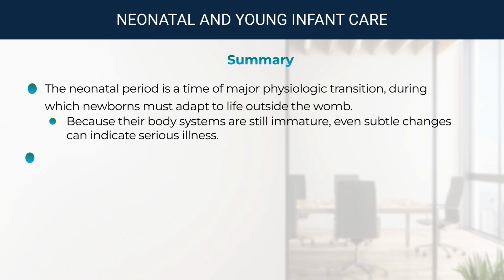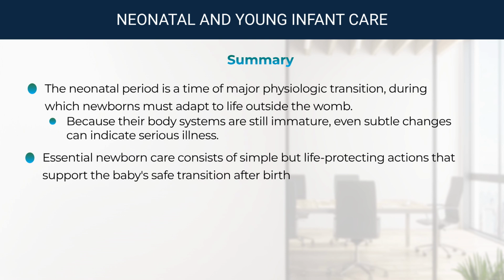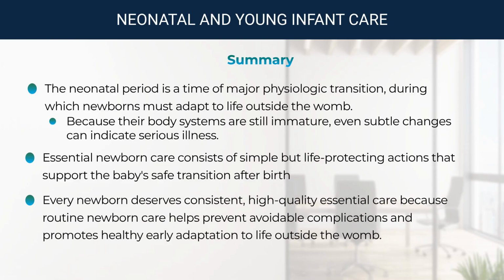Next, we discussed that essential newborn care consists of simple but life-protecting actions that support the baby's safe transition after birth. Finally, we emphasized that every newborn deserves consistent, high-quality essential care because routine newborn care helps prevent avoidable complications and promotes healthy early adaptation to life outside the womb.